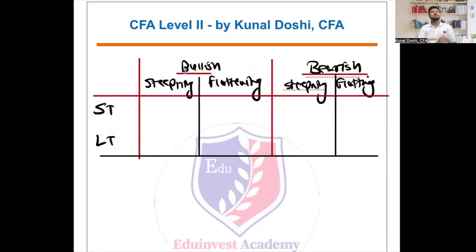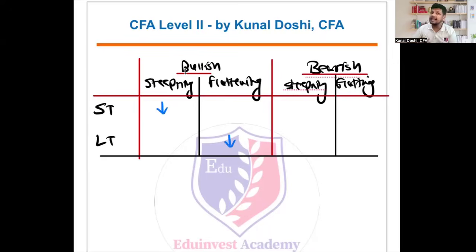So when I say bullish steepening, bullish steepening is for short term, correct? So which rates are going down? Short-term rates will go down when I say bullish steepening, but bullish flattening means rates are going down, but long-term rates are going down.